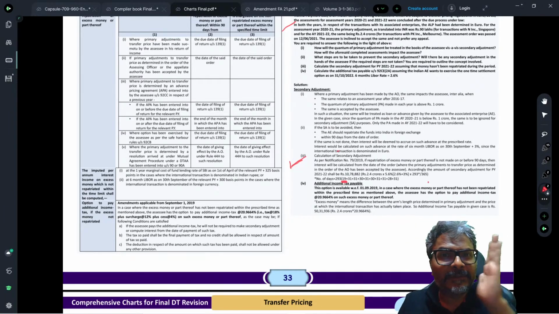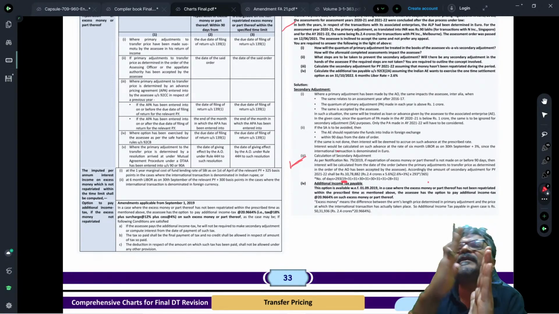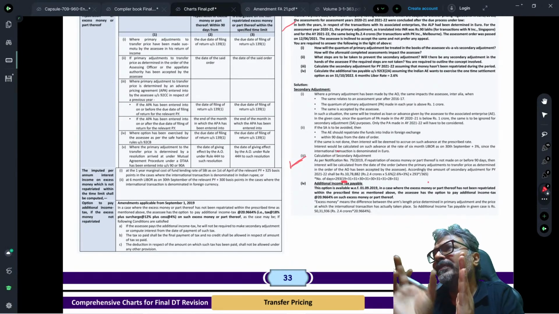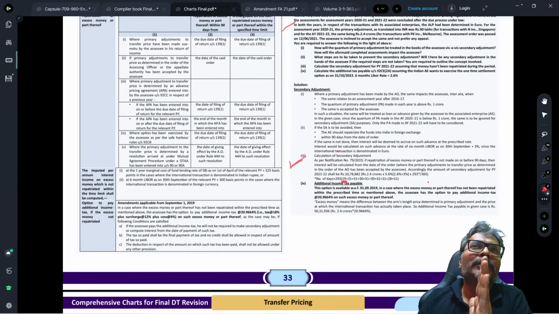And from that relevant date, you will see within 90 days whether the assessee has repatriated that difference amount. If not, then the interest will be calculated.